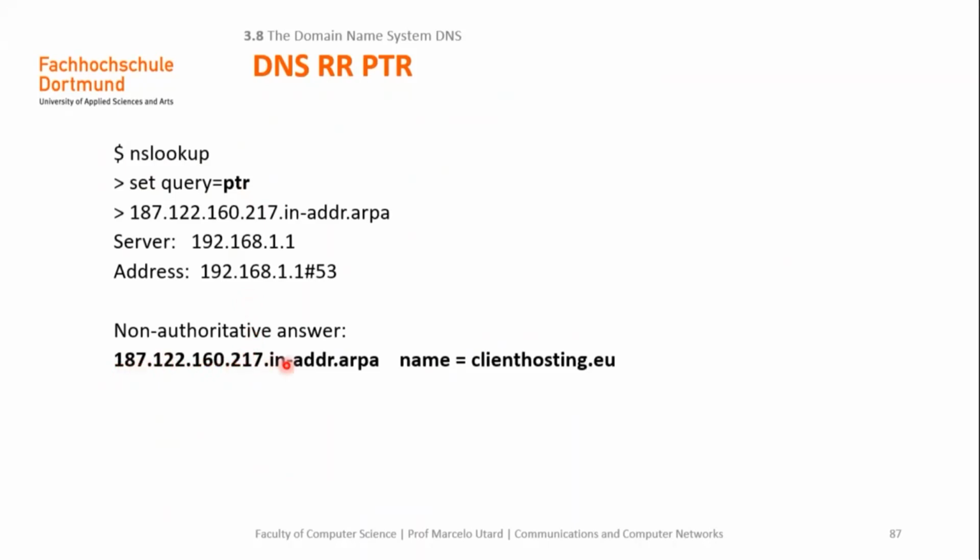And then I need to construct the FQDN in this way. We reverse the IP version 4 address, and we append as a suffix at the end of the FQDN the name of the domain in-addr and the name of the top-level domain ARPA. And in that way, we could obtain the fully qualified domain name associated with this address.